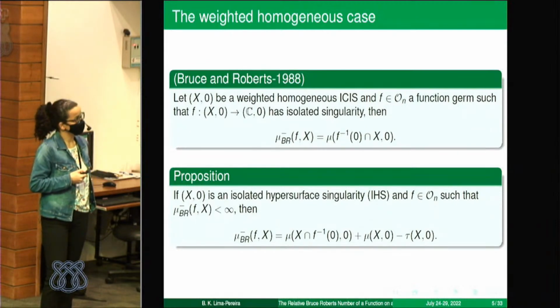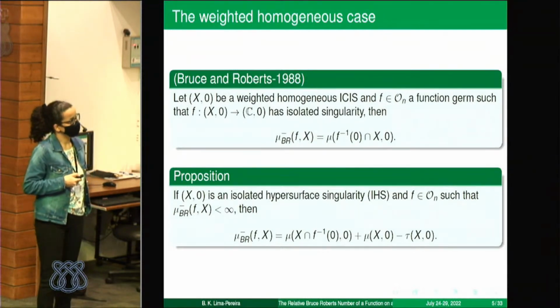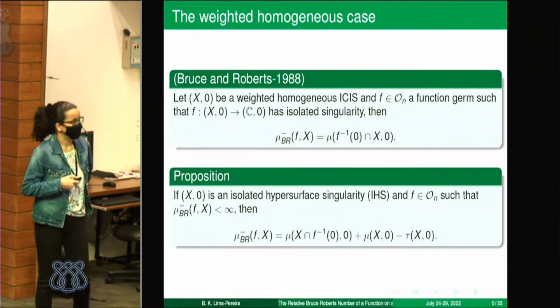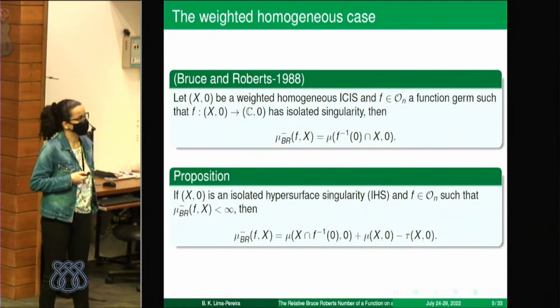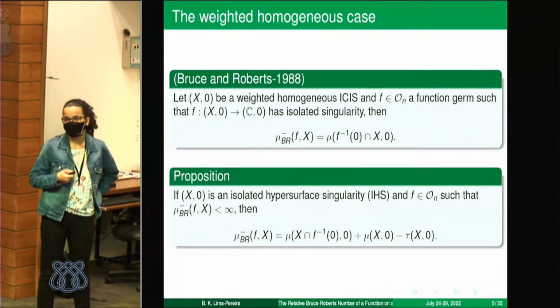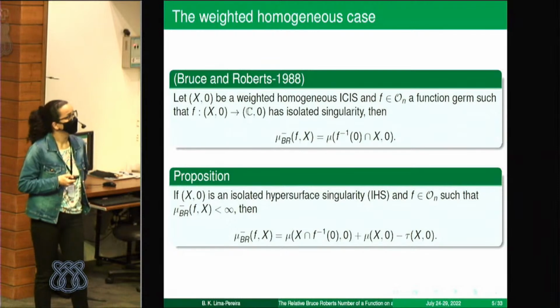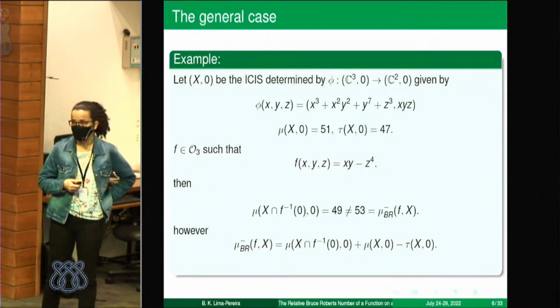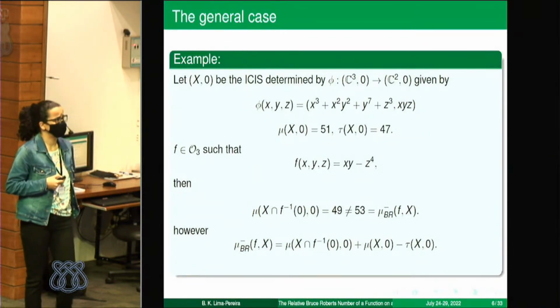But in this proposition, we consider X an isolated hypersurface singularity. And now we want to know about the ICIS. What is the relation when X is an isolated complete intersection singularity? We have this example. We consider the ICIS determined by this map germ, phi.